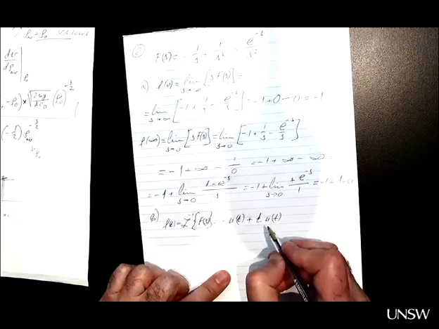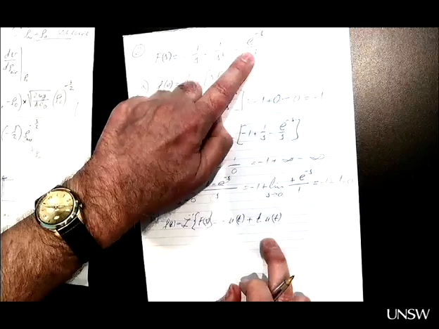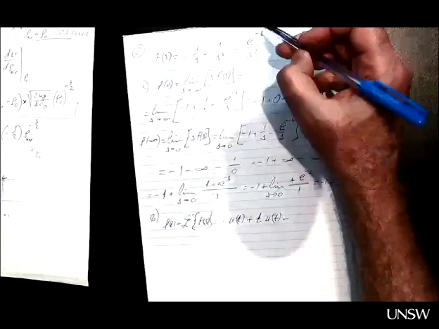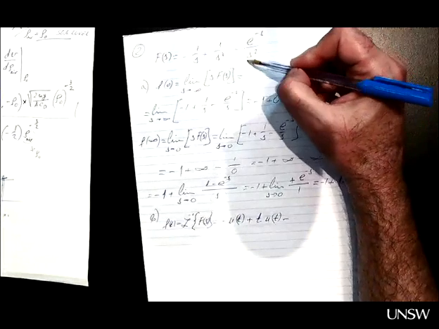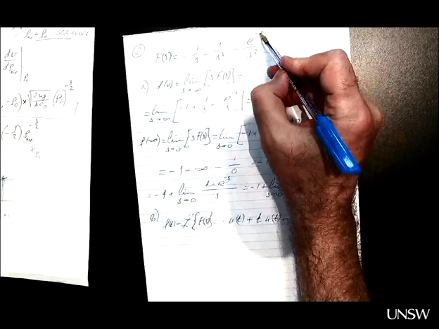As I said, this is optional. I have to write times u of t. And the Laplace transform of this, minus e exponential times something, indicates a shift in the time domain. So an exponential term in the s domain means a shift in the time domain. How long is the shift? 1 second.